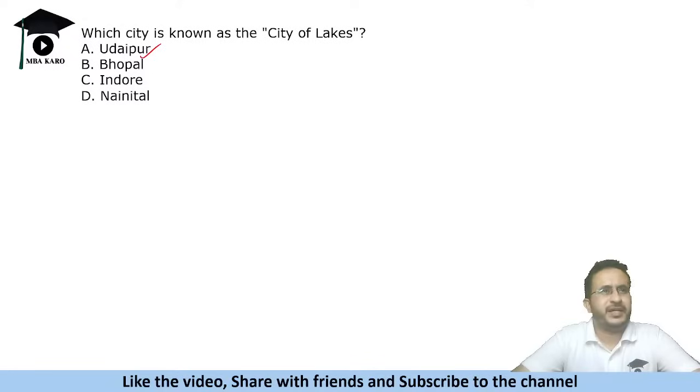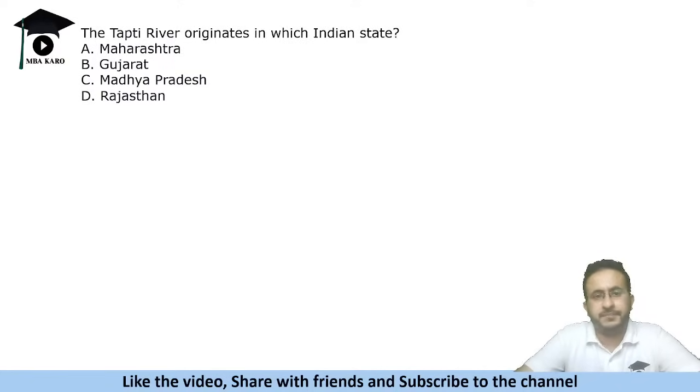Fateh Sagar Lake is there, and there are several others also in Udaipur. Pichola is there. The Tapti River originates in which Indian state?